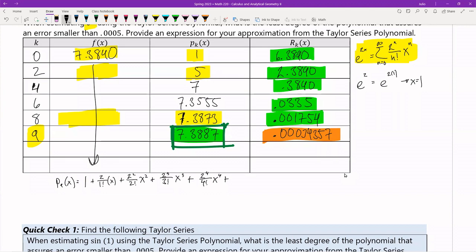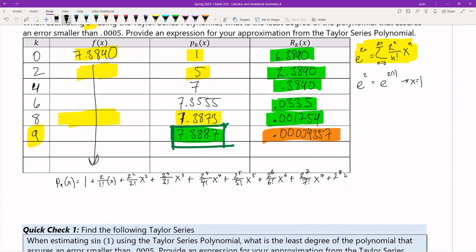Plus 2 to the 5th over 5 factorial, x to the 5th. Plus 2 to the 6th over 6 factorial, x to the 6th. Plus 2 to the 7th over 7 factorial, x to the 7th. This is long.